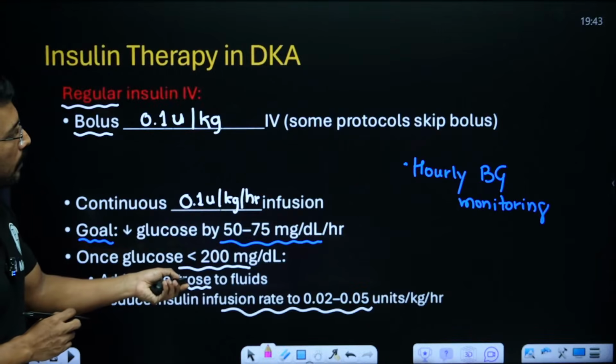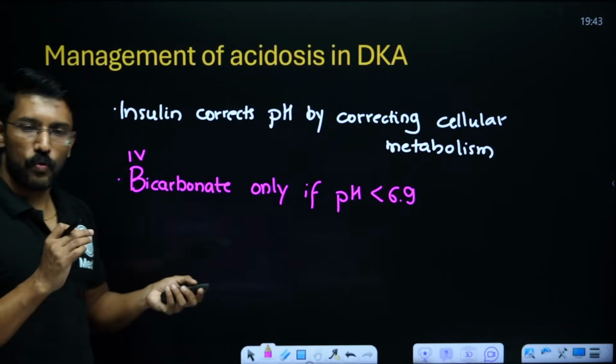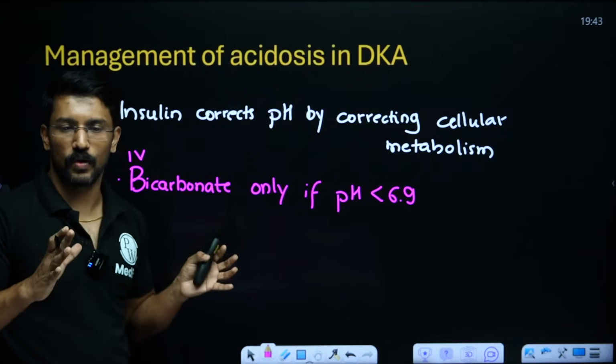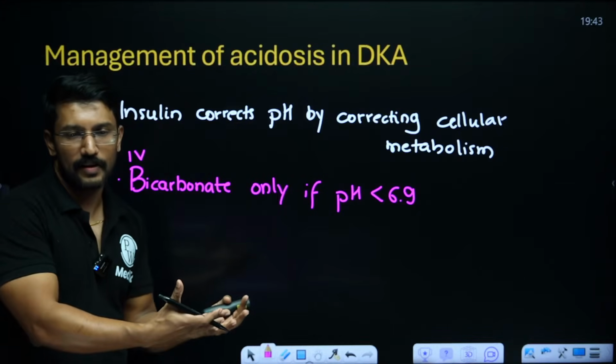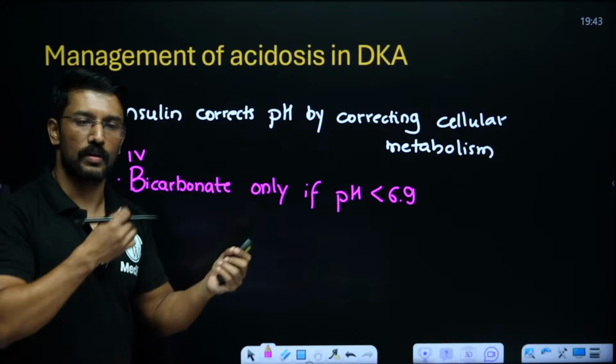Okay. So when do I decide that DKA is resolved and all this protocol can be called off, and I can switch to less aggressive means of management like subcutaneous insulin and oral fluids?